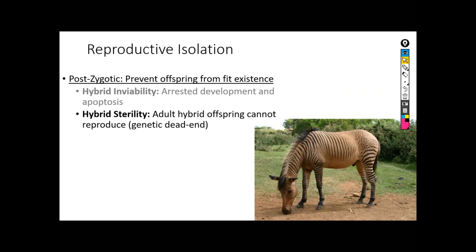So our hybrid, here we're focused on all the offspring. So what happens with that baby or those cells? In this case, the cells are okay, mitosis occurs, our baby is born.